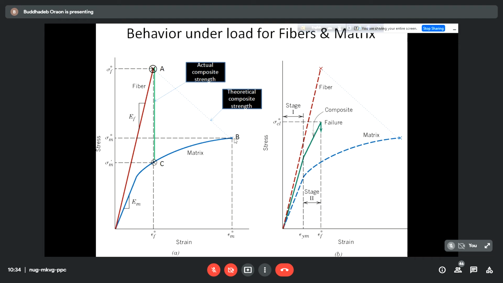So the matrix fails at the strain epsilon m star, and the stress level is sigma m star. This is the stress strain diagram of the matrix. Since the matrix is a softer material, it cannot sustain very high stress, so the stress will be of low magnitude, but the strain will be comparatively higher.